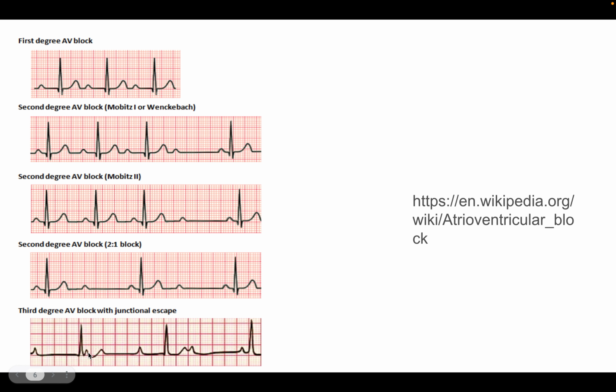Generate a heartbeat. There's the QRS. Here's another P wave. Where's the QRS? It's not there. The ventricle forgets to make the heartbeat. Here's another P wave. Total dissociation. If the Q's, which is the QRS, and P's, which is the atrial contraction, don't agree, then you have a third degree. It's just total chaos. If it looks like total chaos, it's probably a third degree heart block.